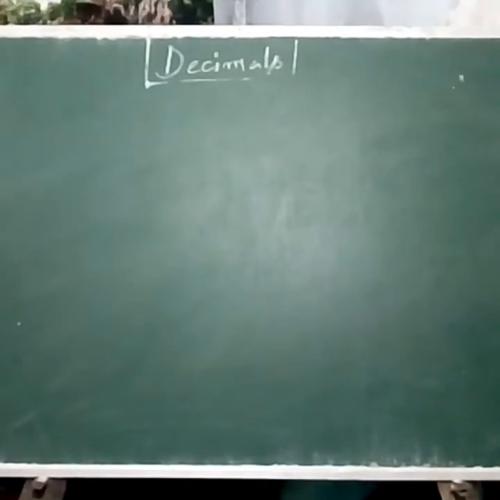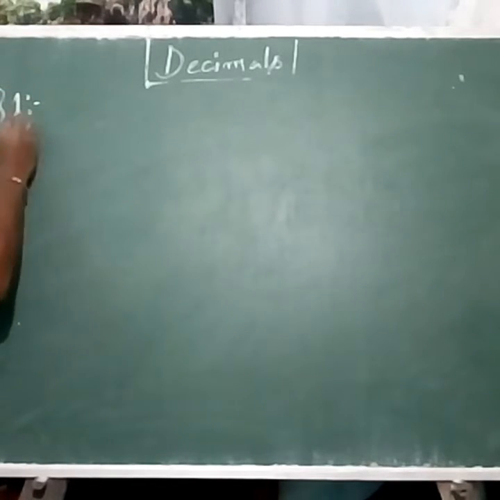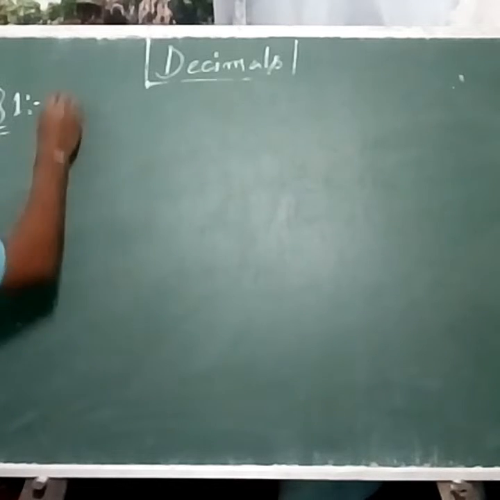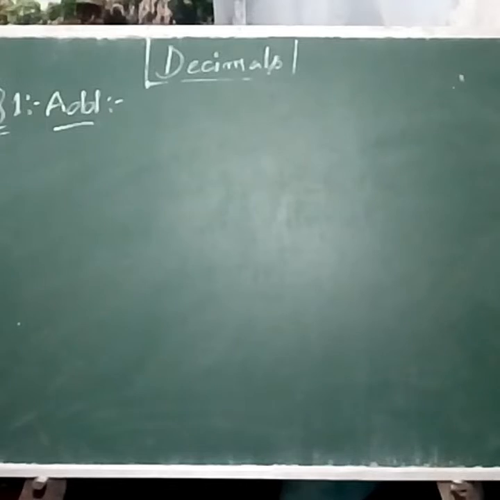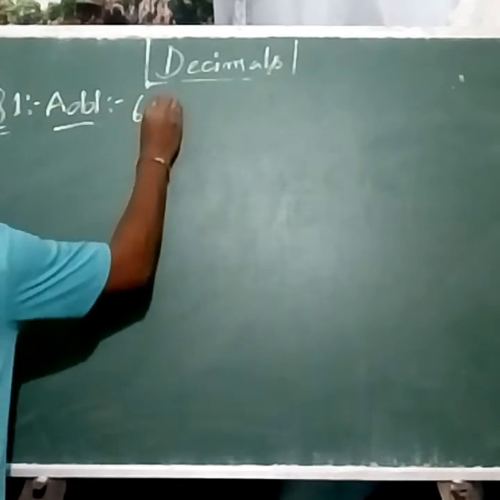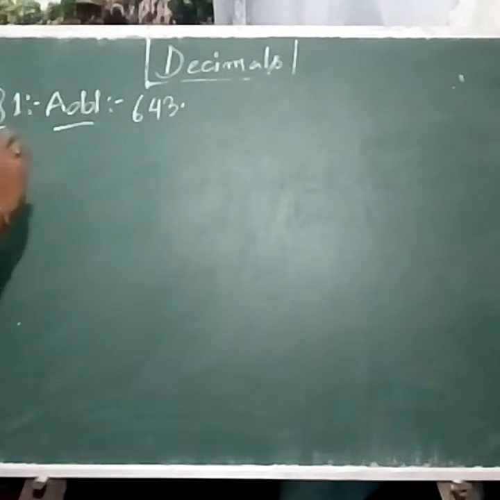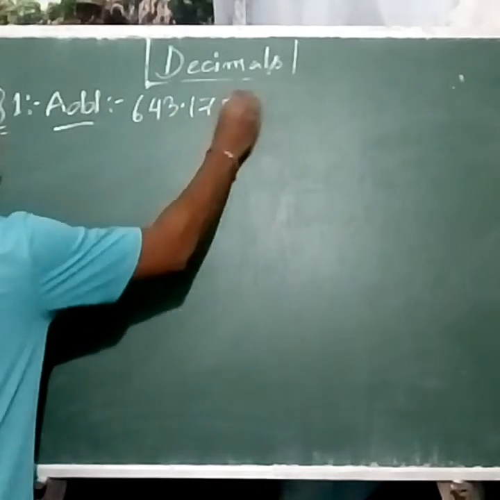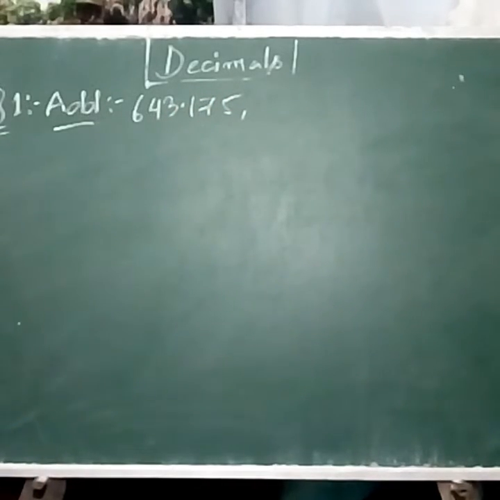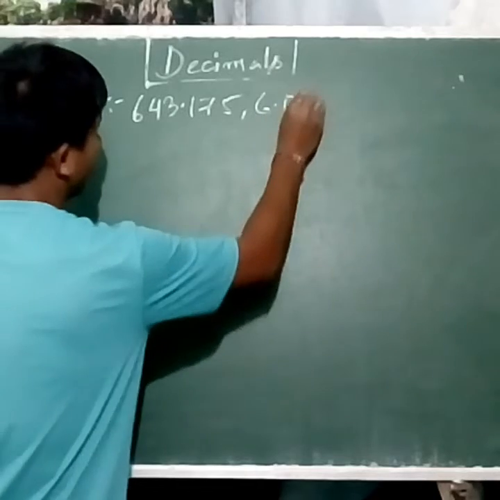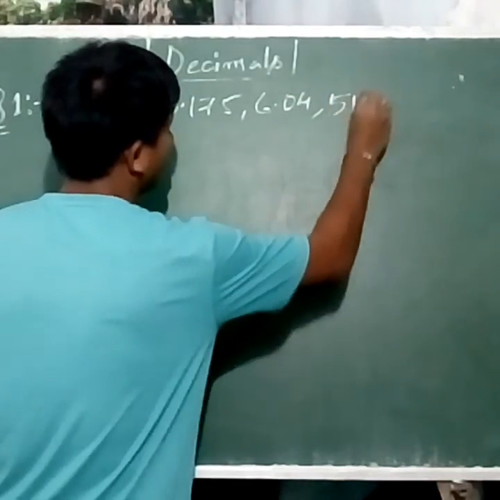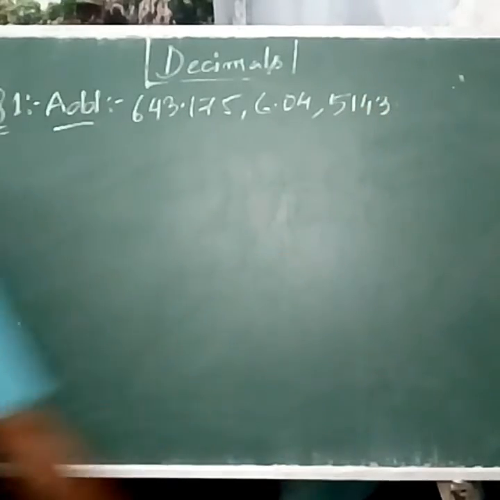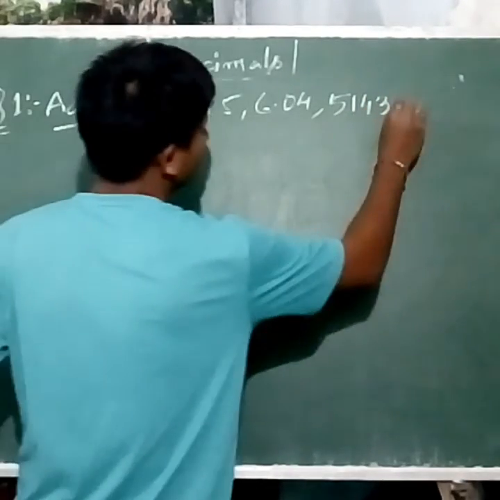Question 1. Add 643.175, 6.04 and 5143.7004.